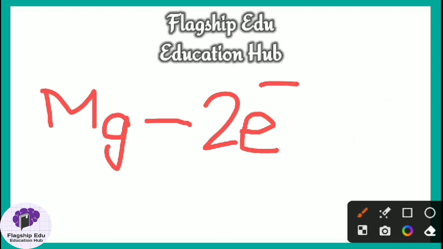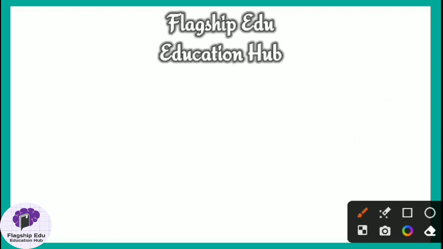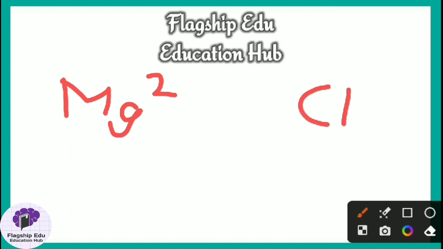And then you have to write the valency of the acidic radical. If you go through the list, you can see that the valency of chloride ion is 1, meaning Cl minus 1. So first we have to write both the valencies with their symbols, and here I have to write Cl 1 minus, Mg 2 plus.